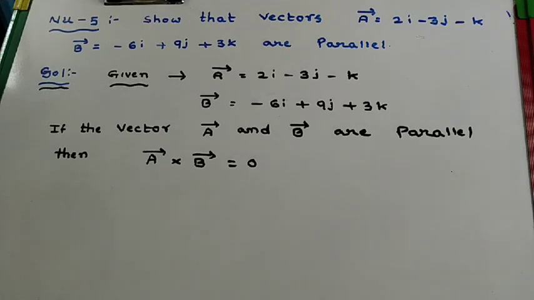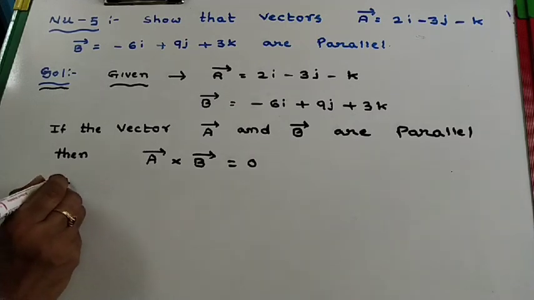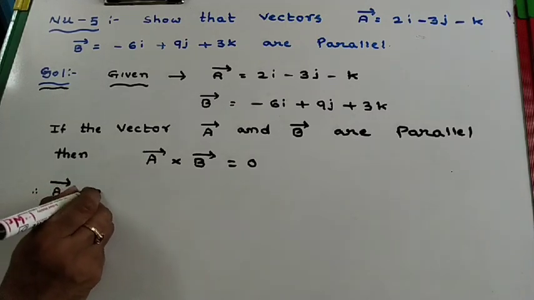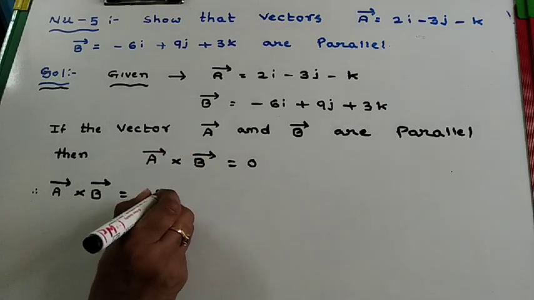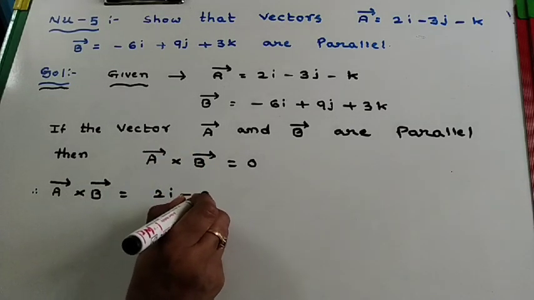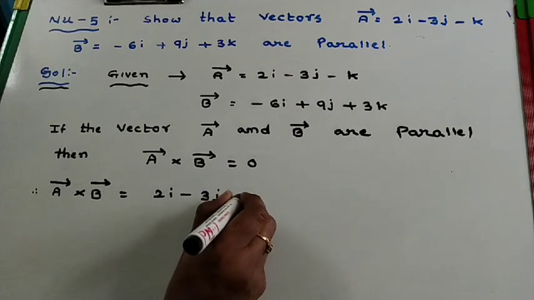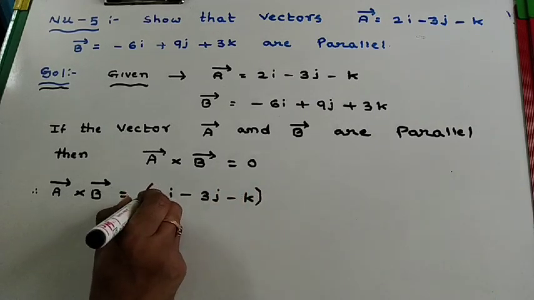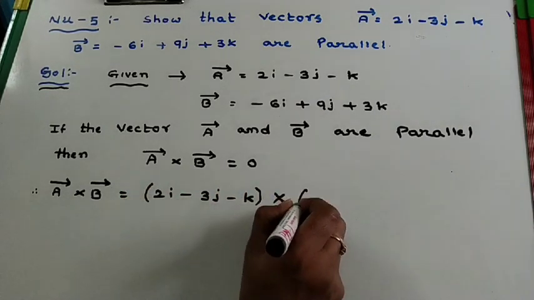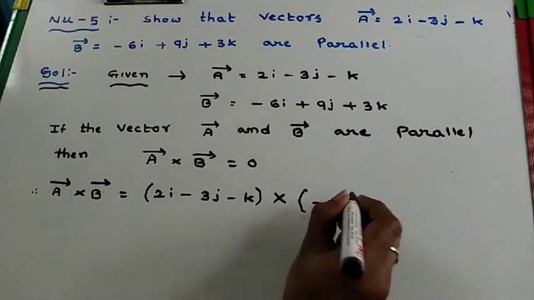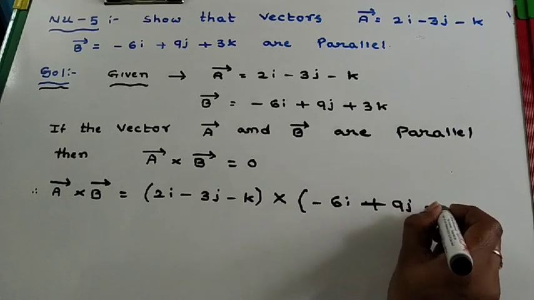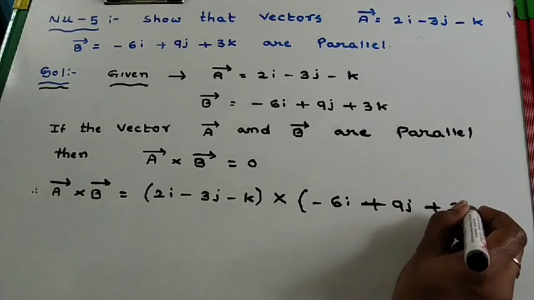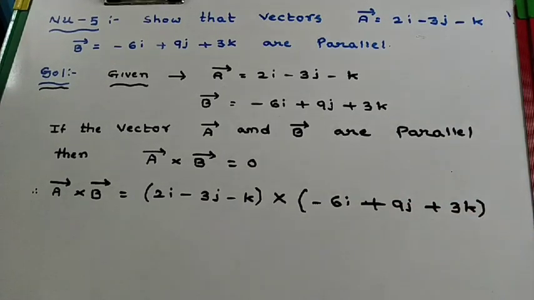That means, therefore, A cross B is equal to 2i minus 3j minus k into minus 6i plus 9j plus 3k.